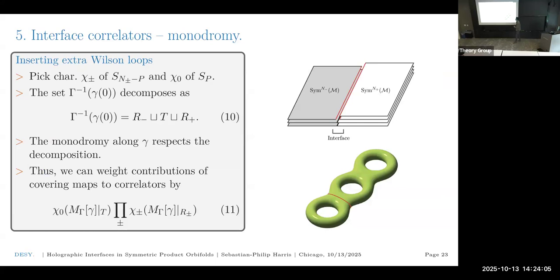But for the specific interfaces that are relevant for the holographic duality that I talked about, this doesn't appear, and these characters are just chosen to be trivial.